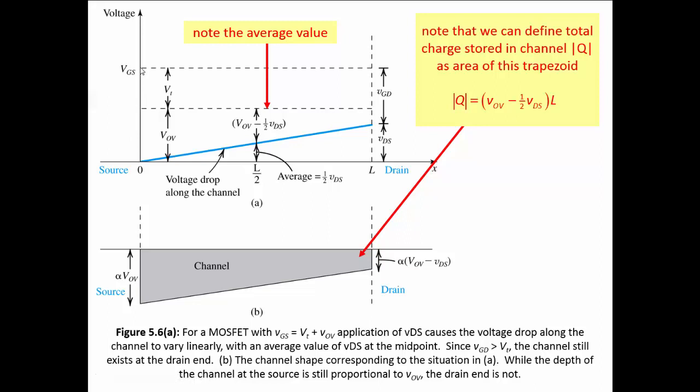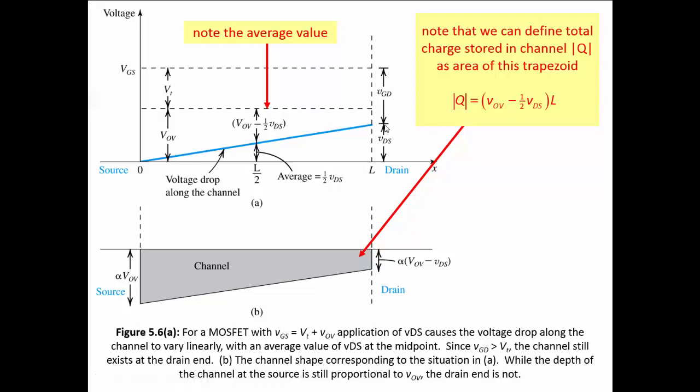Let's say that our threshold voltage here is 0.8 volts. So we have 1.2 volts of overdrive right here. Then as we move over to the drain, we have a drain to source voltage.